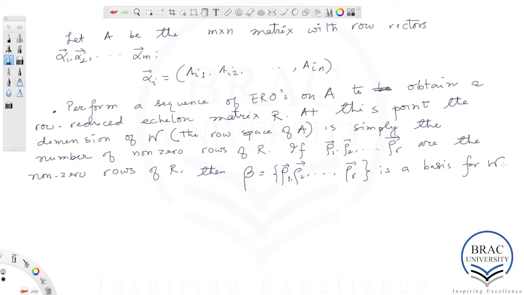This way we find a basis for the subspace of F to the n spanned by the m vectors alpha 1, alpha 2, all the way up to alpha m.